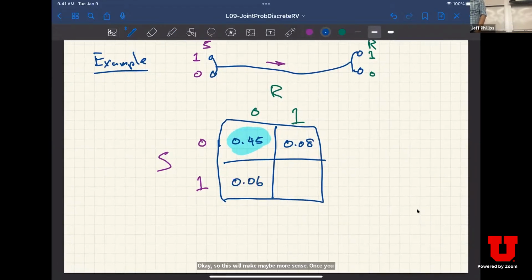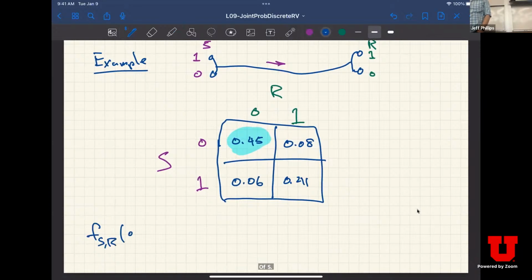Okay, so this will make maybe more sense once you see the whole table. 0.06, 0.41. Okay, so now I have probabilities of all the possible events, right? The random variables can take on these binary values, each 0, 1, and each pair of binary values, right? So I can write down something like f of s comma r takes on 0, 0.